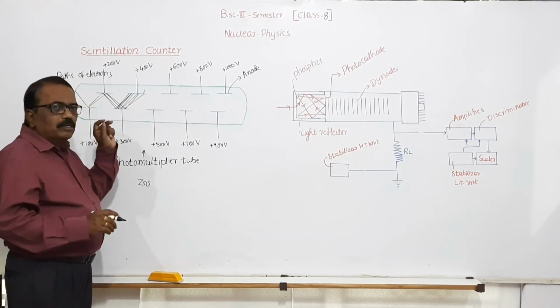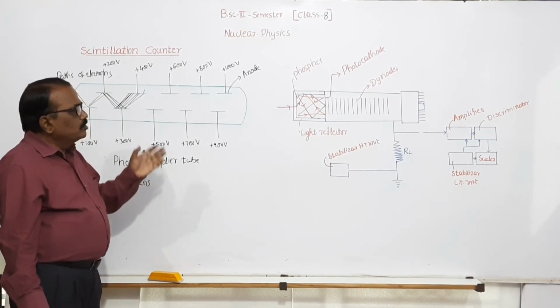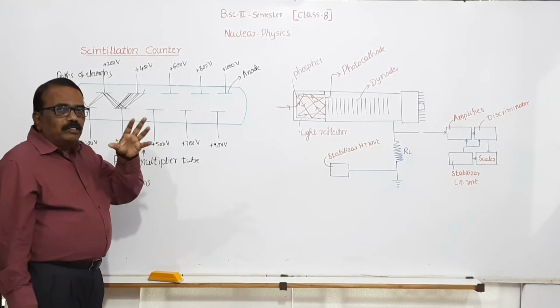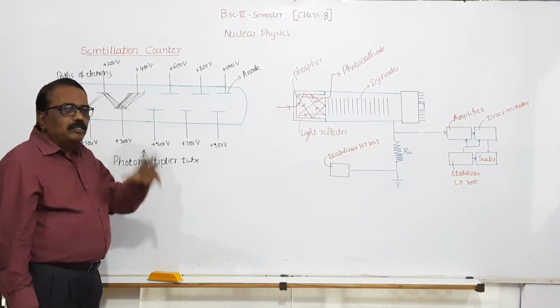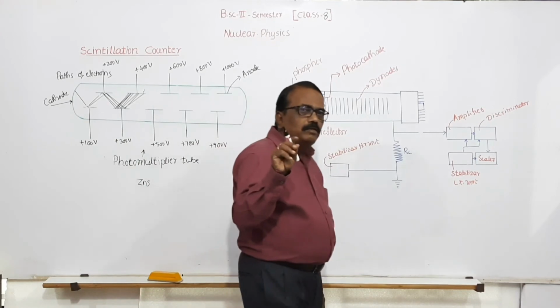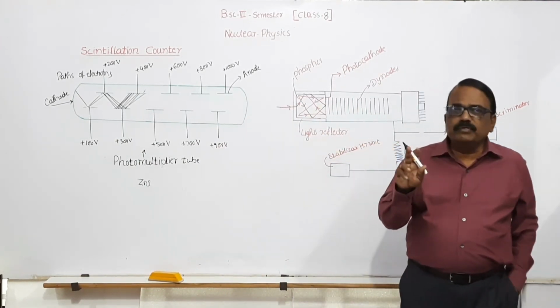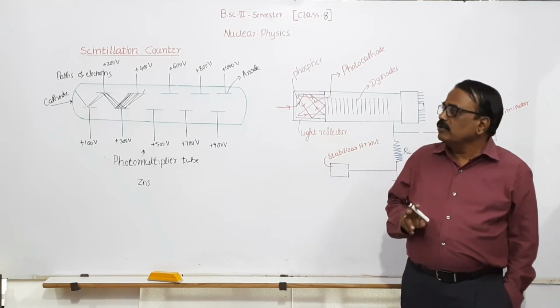If an alpha particle strikes a material like zinc sulfide, with some arrangement, flashes of light, in other words scintillations, are produced. If you count the number of flashes of light or scintillations, it is nothing but the number of charged particles.